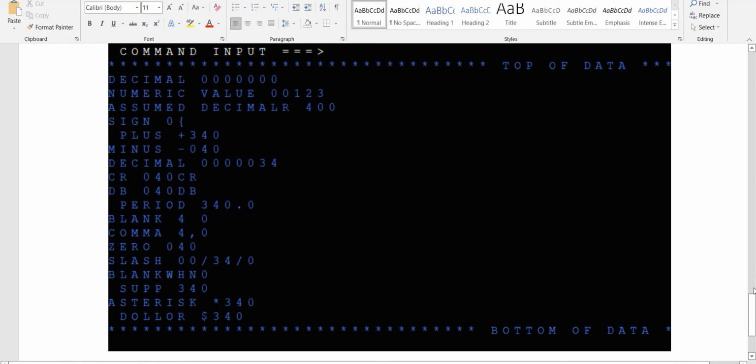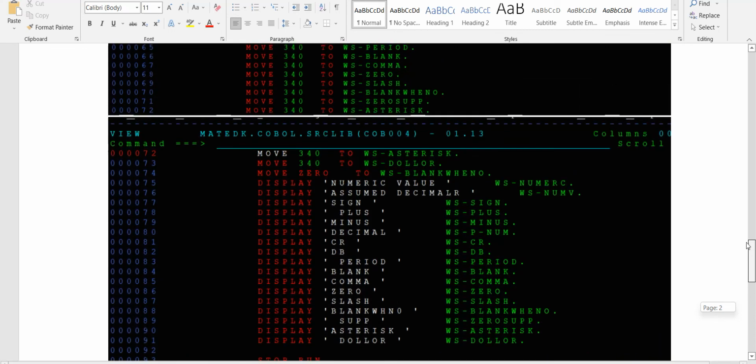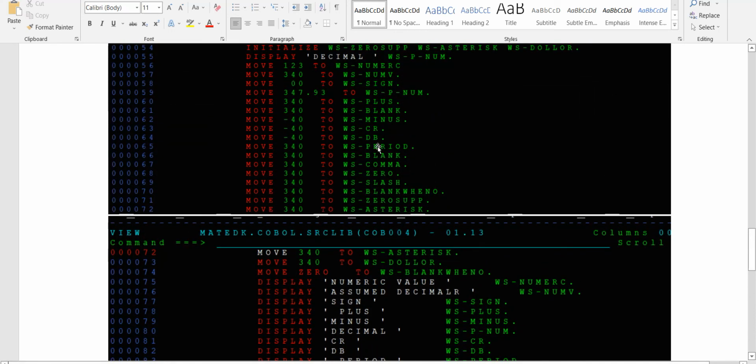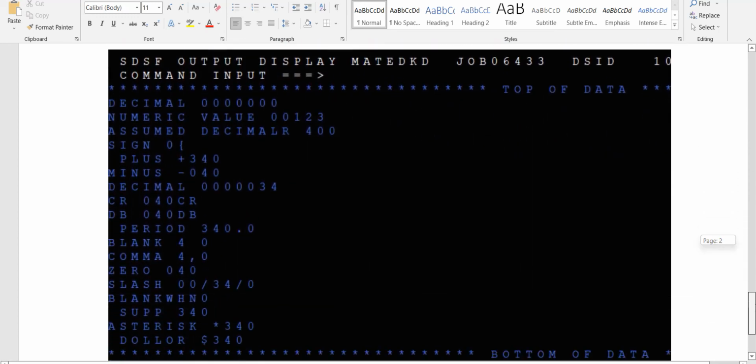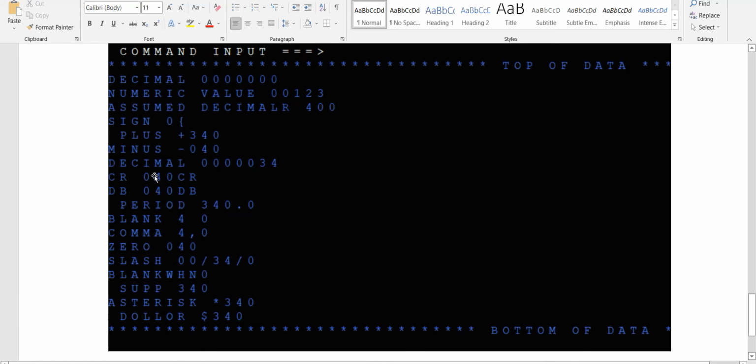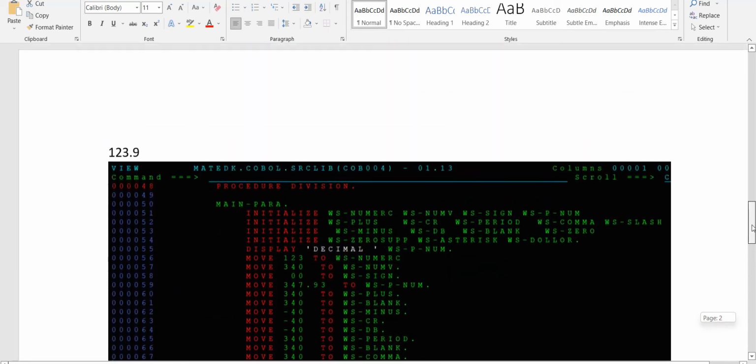And the credit one, credit and debit one, what is the value we have stored? We'll see. Minus 40, minus 40 I have stored. Okay, and 3 length we have mentioned, so it comes as 040 CR, 040 DB. And the period, 340 we have given, 340.0. I told you, right? The point will take one extra byte here.